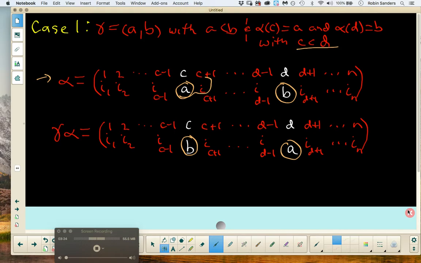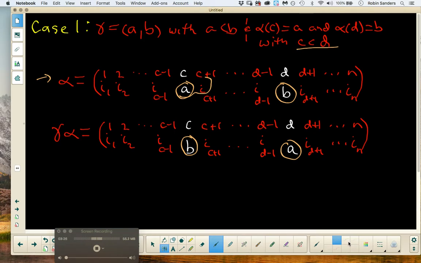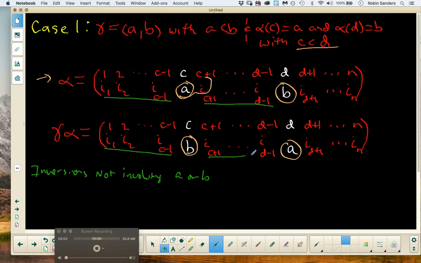Now, the neat thing is that when we start looking at inversions, there are several different things that can happen. If we look at an inversion that does not involve A or B, that means the inversion involves things that are in these chunks that I'm underlining in green.